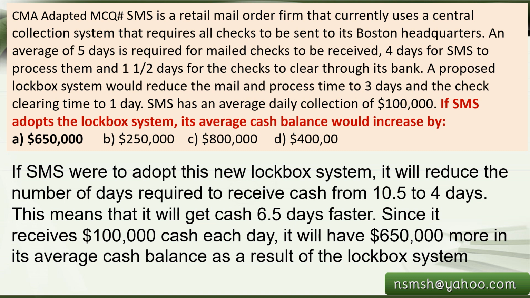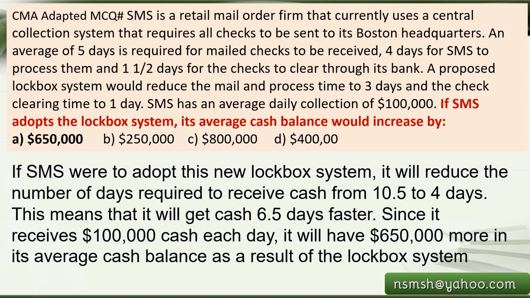That means 9 days, and 1.5 days for the checks to be cleared. So total 10.5 days, which will be reduced to just 4 days only, because the lockbox system process time is 3 days plus clearing time 1 day, so total 4 days. So the 10.5 days is reduced to just 4 days.